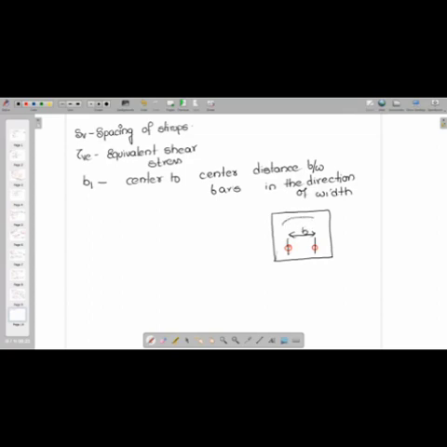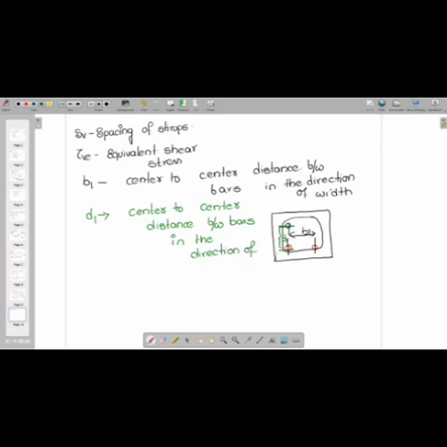Now what is d1? If I have this distance, this is b1, and this is d1. d1 is the center to center distance between bars in the direction of depth.